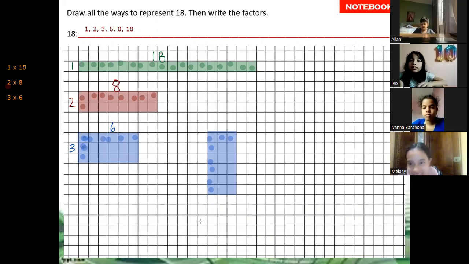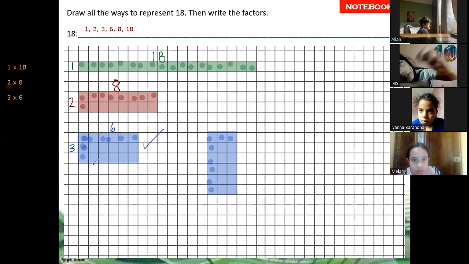What is the multiplication? 3 times 6. I have 6. But 3 times 6 is this one. Because 3 is the number of rows, it is the one you set first. 3 times 6. What about this one?